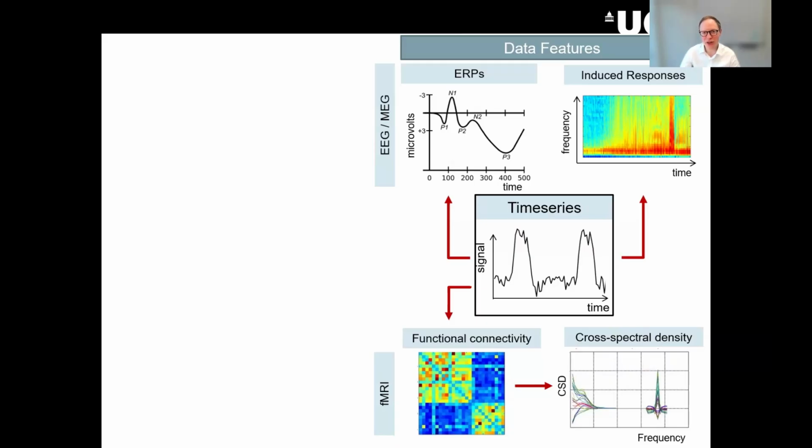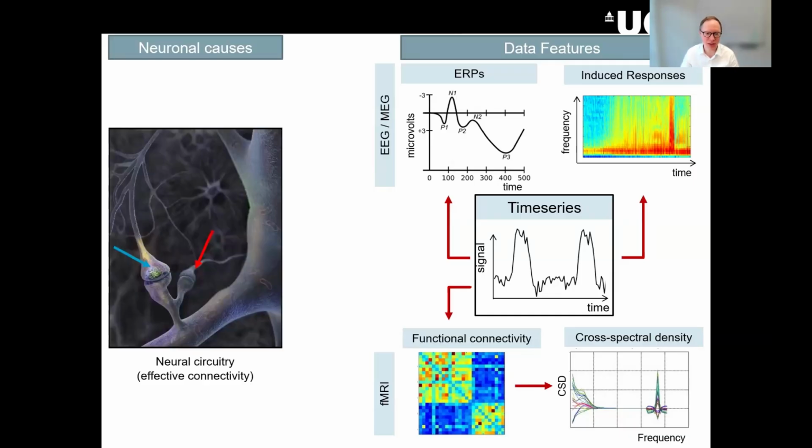What I want to try and get across today is that whilst all of these data features are really important, they are the data that we work with, they are not interesting. What we're interested in as neuroscientists is what's going on in the brain that caused these signals.